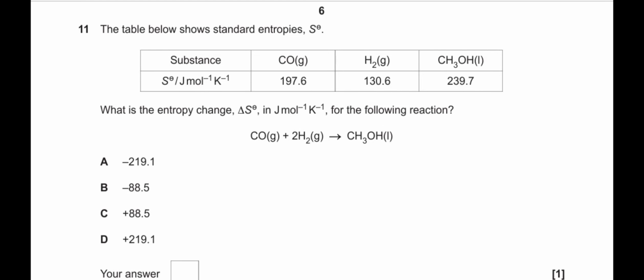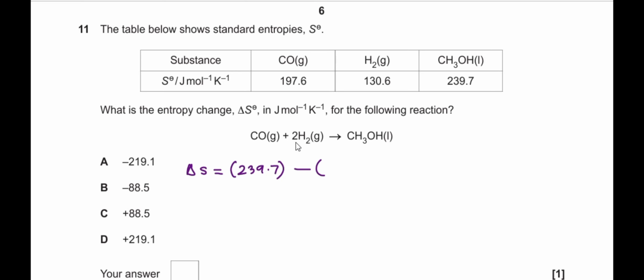So delta S, the entropy change, is the total entropy of all the products minus the total entropy of all the reactants. So let's write delta S is equal to the total entropy of all the products, 239.7, minus the sum of the entropy of all the reactants.